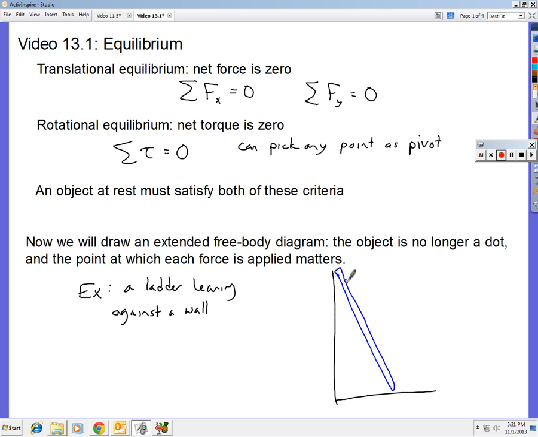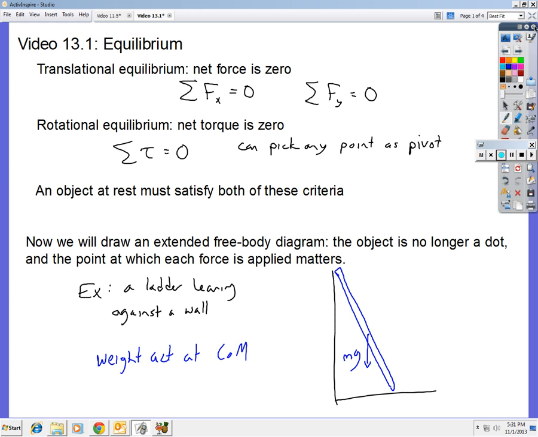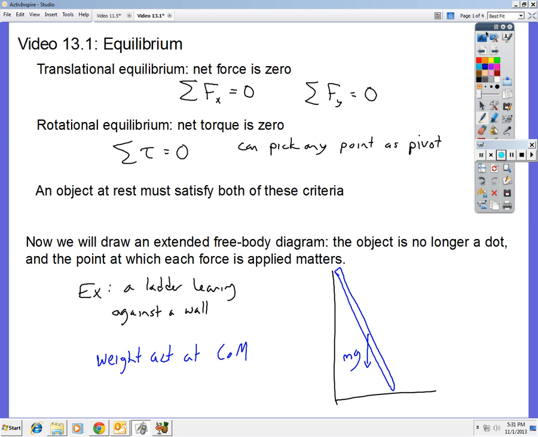And the forces acting on this, well, first off, the obvious ones. There's the weight, mg, and the weight is going to act for a uniform ladder at the center. And so the point at which the weight acts is the center of mass. And some other forces.